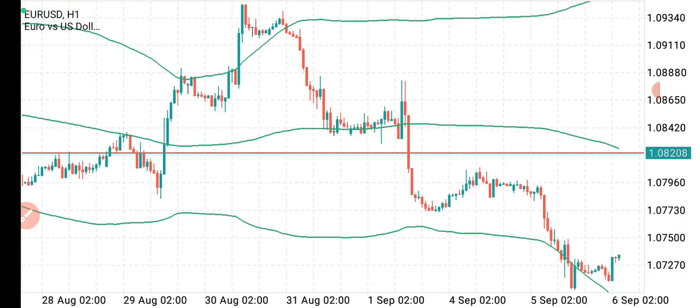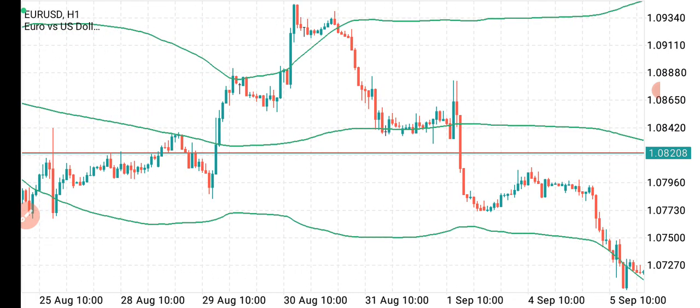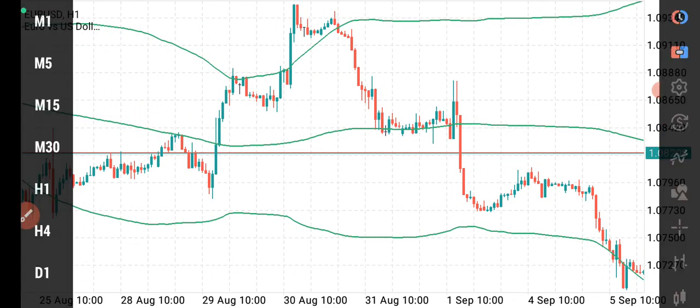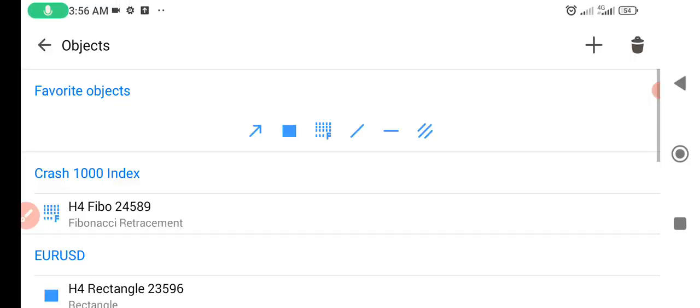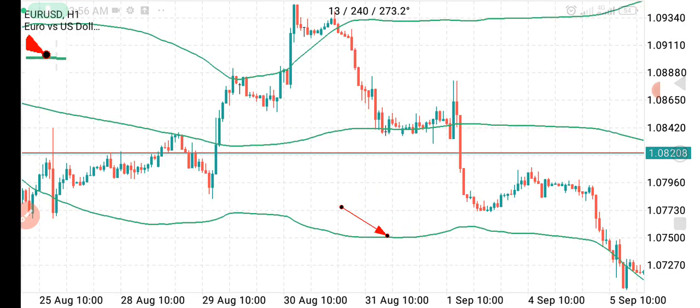So the advantage of this indicator is that it helps us to do a quick analysis of the market. And what does it mean? It always shows us that whenever price is at the upper band of the indicator, it is at an exhaustion level, and there is a high tendency of price reversal back into the band from the upper band.